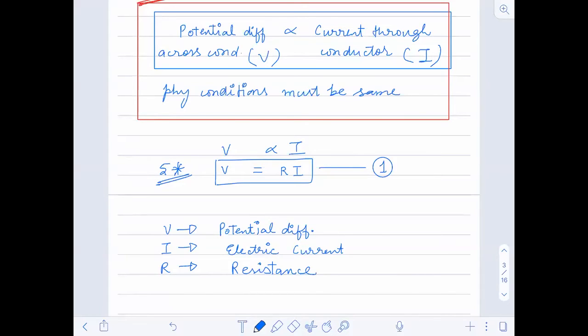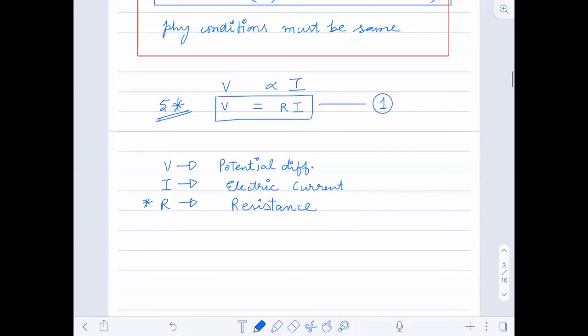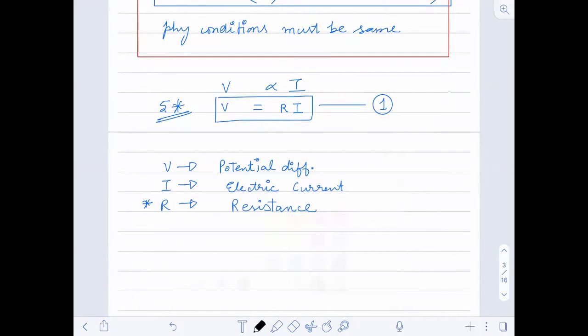Now we'll have a good discussion on resistance. Let us understand what this resistance actually means to us.